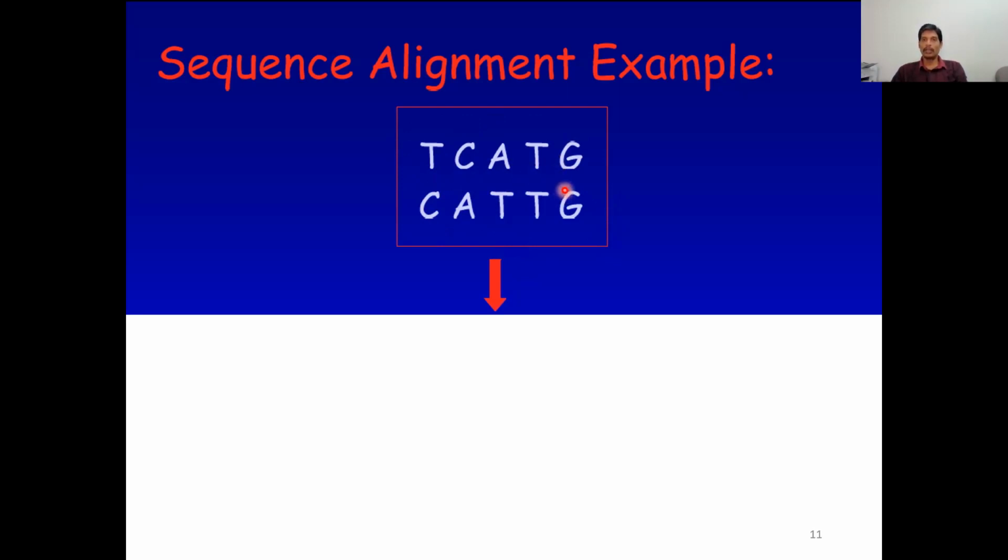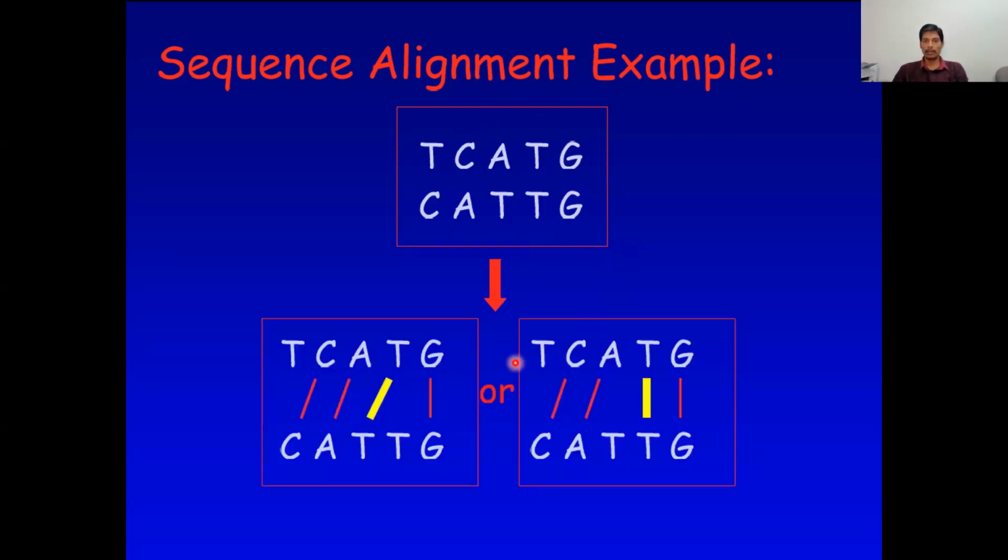By using exactly this one, you will get only two nucleotide similarities, right? But in fact, you can make it better if you put it like this. T is not aligning with anything, which means a deletion is here, a gap, a hyphen. You can put a hyphen here.